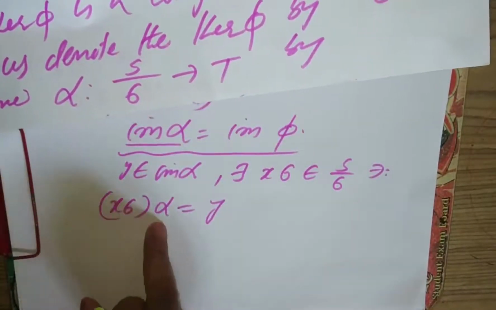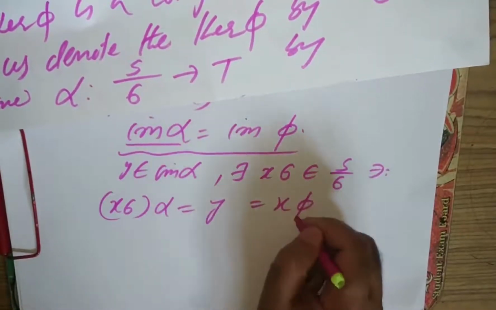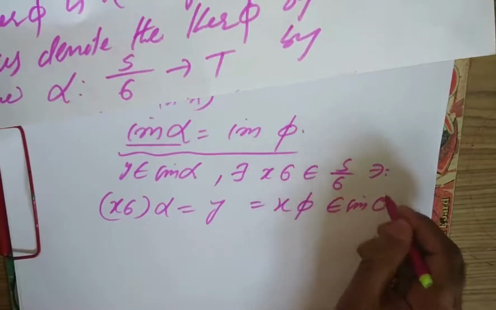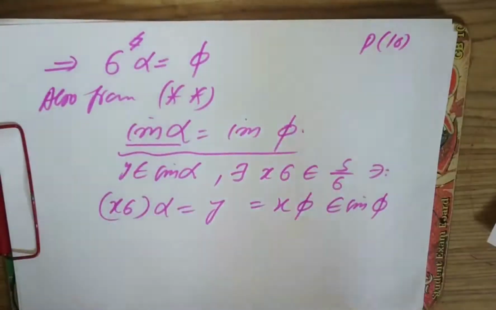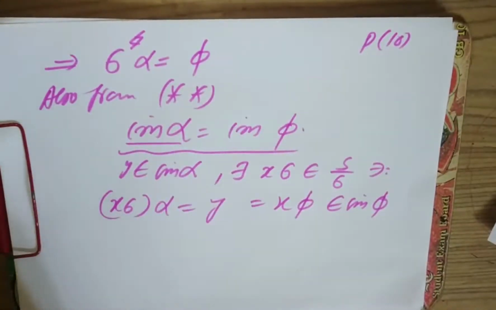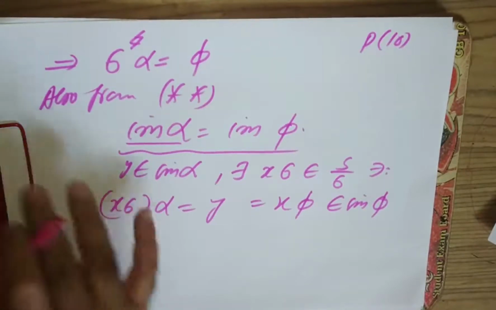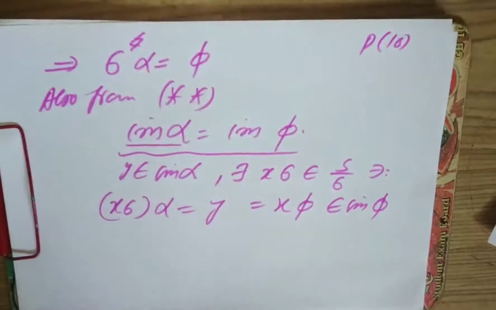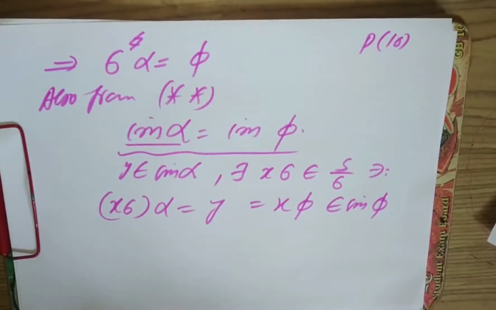But x sigma alpha is equal to x phi, which means that this y is also in the image of phi. So this is simple. This is actually if and only if, you can see. It has this equation everywhere. So this proves this theorem completely.